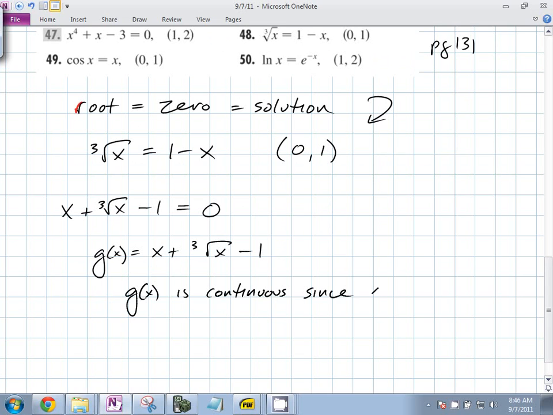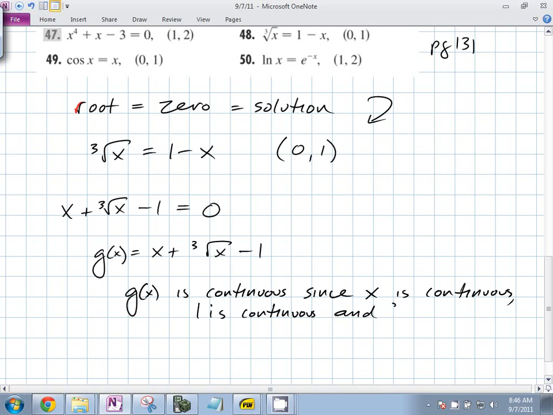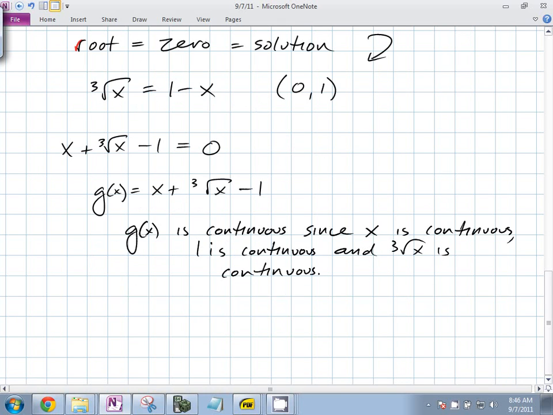Well, x is continuous. 1 is continuous. And the cube root of x is continuous. All of those things are in the list, on their domain. Yes, correct. So therefore, the sum of all of them is continuous. So you know g of x is continuous. Okay.